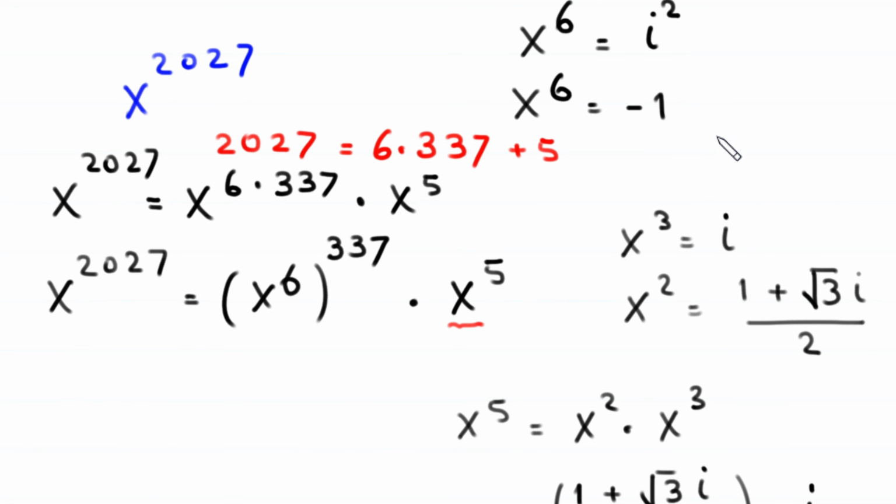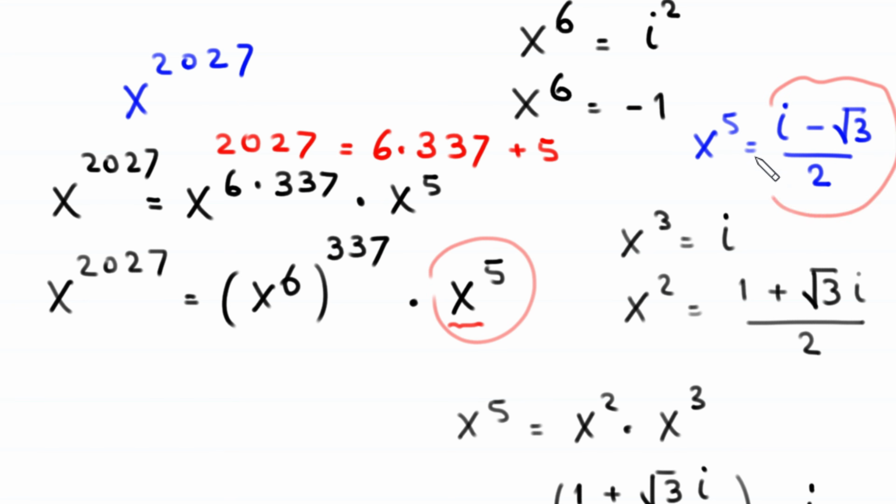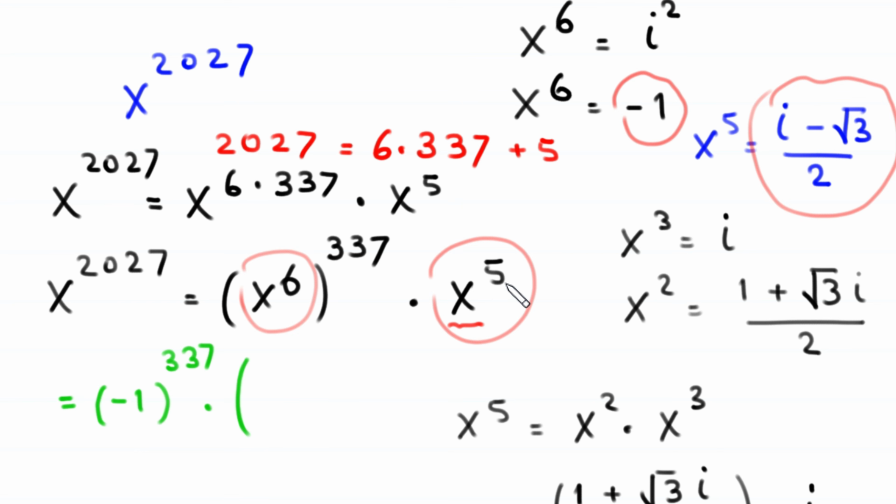Now because we have x to the power 5 equal to i minus root 3 divided by 2, we replace this x to the power 5 with this i minus root 3 over 2, and we replace this x to the power 6 with this negative 1. So this will become negative 1 to the power 337 times x to the power 5, which is i minus root 3 divided by 2.